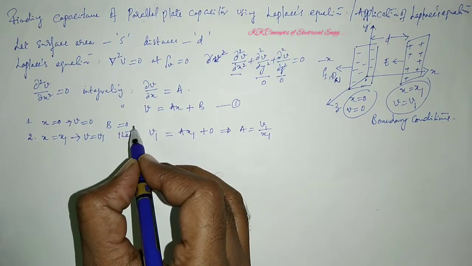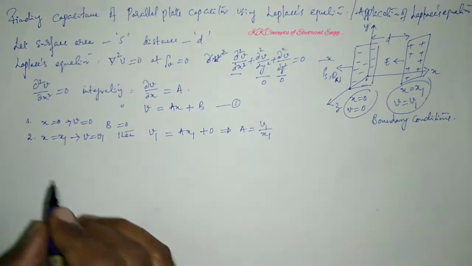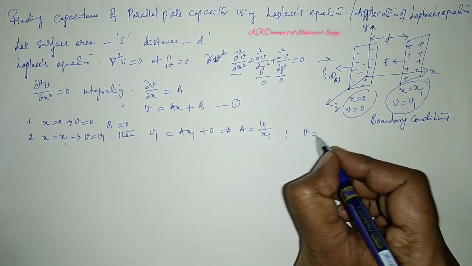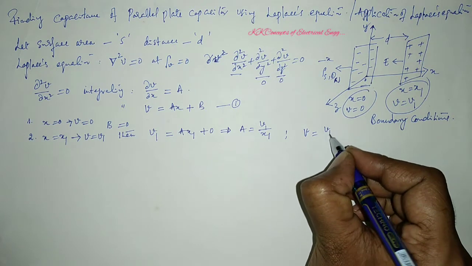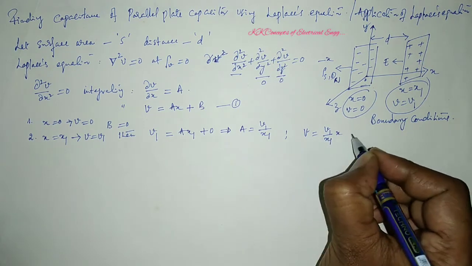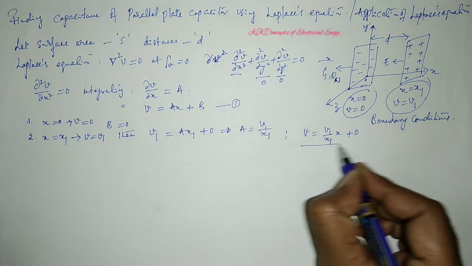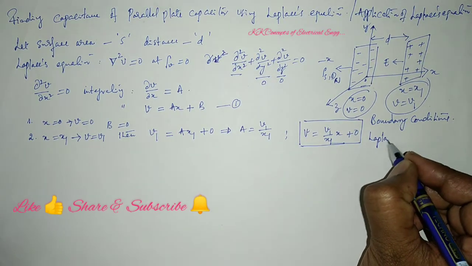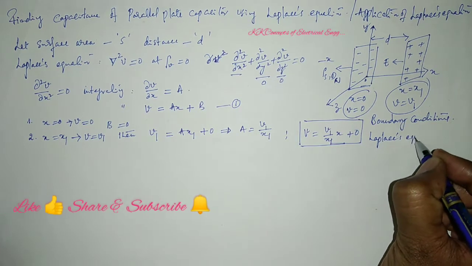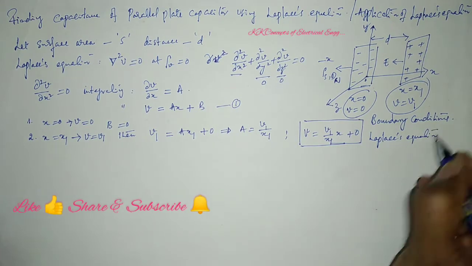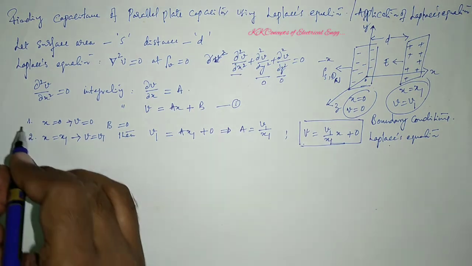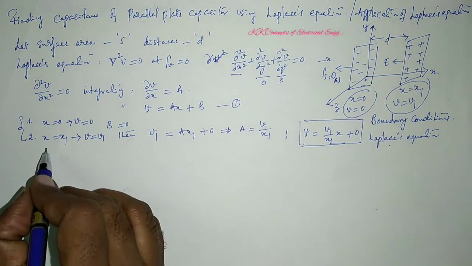Now substituting a and b constant values in the equation number 1, then we are going to get V equals to V1 by x1 of x plus 0. This is the Laplace equation solution, and it satisfies the boundary conditions of these two.